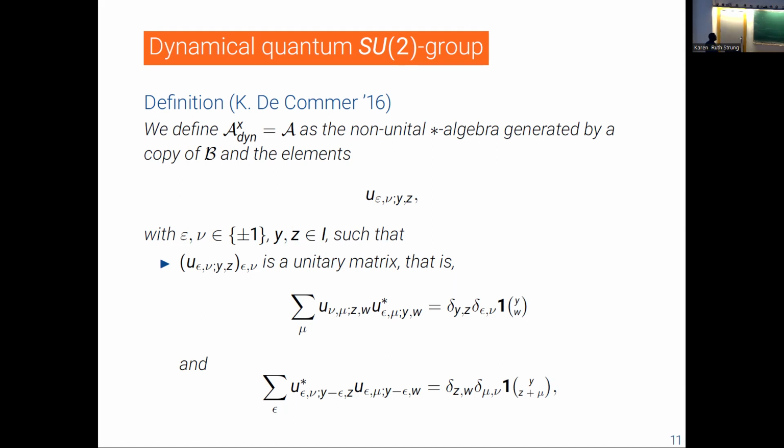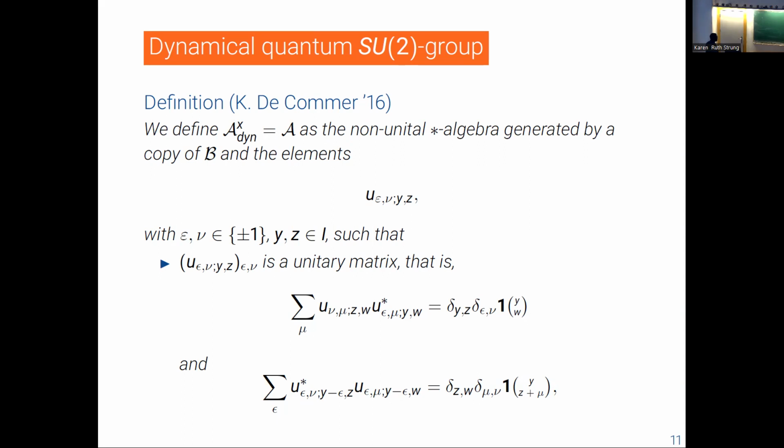We define our quantum dynamical SU2 as the non-unital star algebra generated by the copy of D, and these elements here, where epsilon and nu are the signs, and this Y and Z are the dynamical parameters. So in our dynamical quantum SU2 group, we have this unitarity condition.